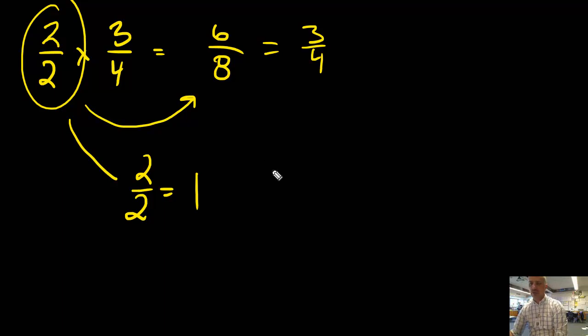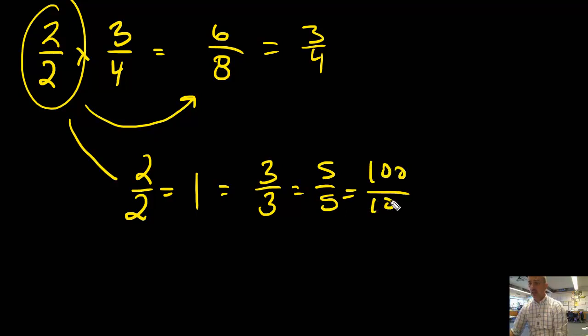There are other fractions that we could multiply by to get 1 as well, right? If I think about 1, I could think about 3/3, or 5/5, or 100/100ths. I could do a million 1,000,000ths, and they would all be equivalent to 1. And so what I can do is take any of those things.